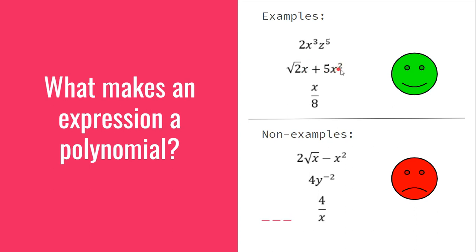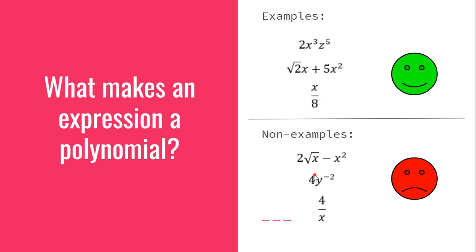And here we have a 2 exponent, again, both positive whole numbers. In the third example, we have a variable in the numerator, and it has a positive exponent, that hidden 1. All of those situations are allowed for a polynomial expression. We are looking for positive whole number exponents on our variables.